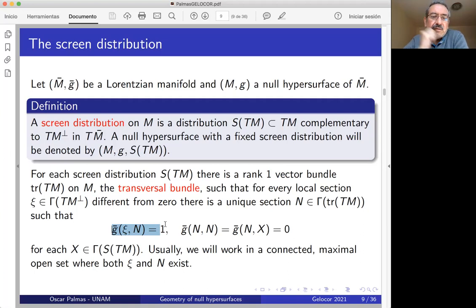We will work in a neighborhood where all these sections xi and n exist.